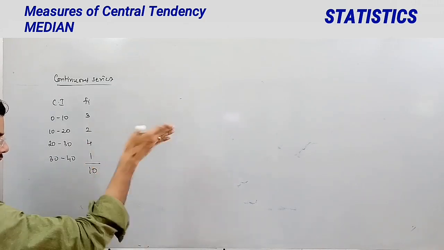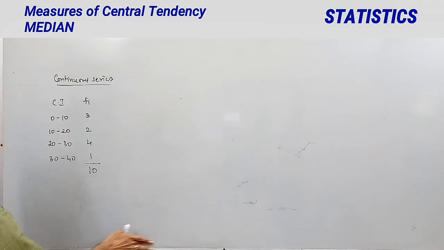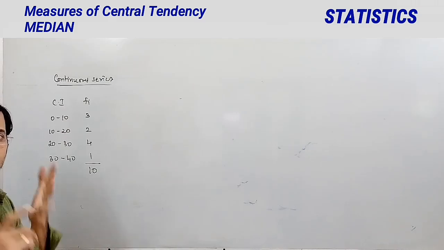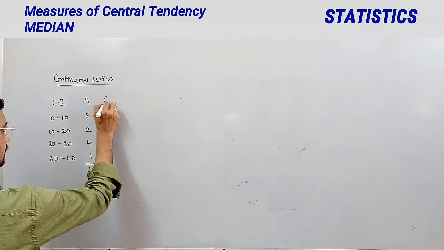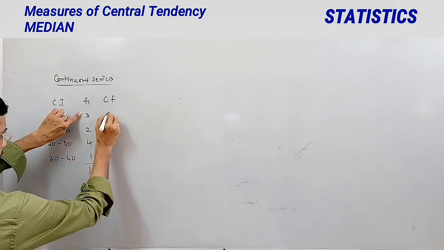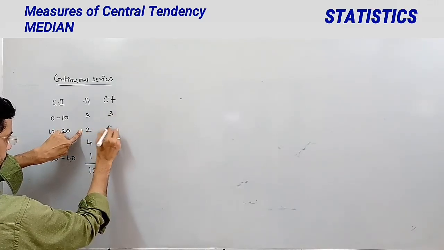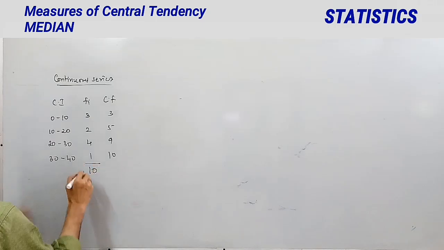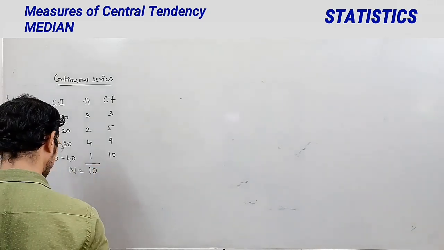The first step is to find the cumulative frequency. It is already arranged, so we first prepare the cumulative frequency distribution. The less than type cumulative frequency: it is 3, then 3 plus 2 is 5, 5 plus 4 is 9, 9 plus 1 is 10. These two should be equal. This is our n equal to 10.